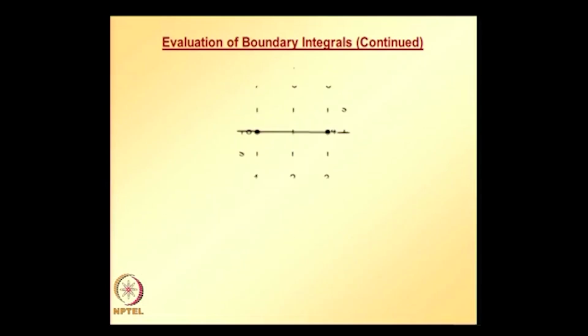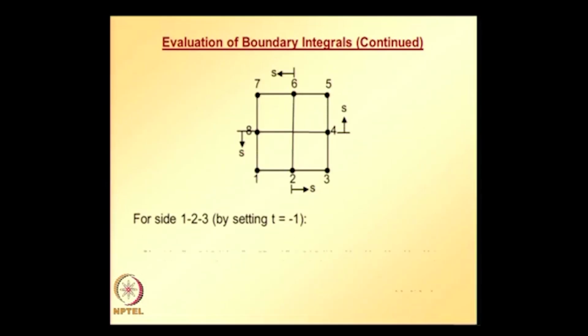So those are given here, where s goes from -1 to 1. So this is the shape function vector along side 1, 2, 3.